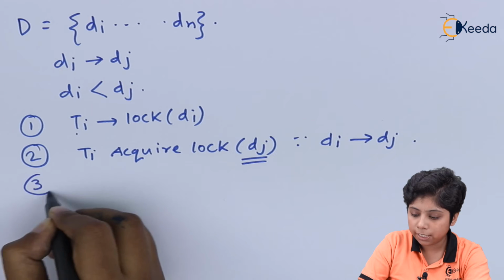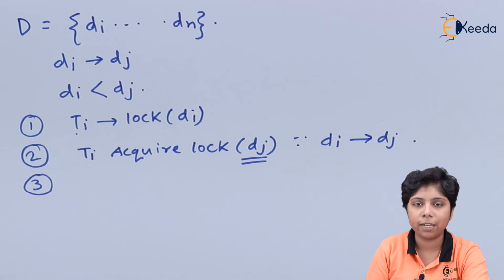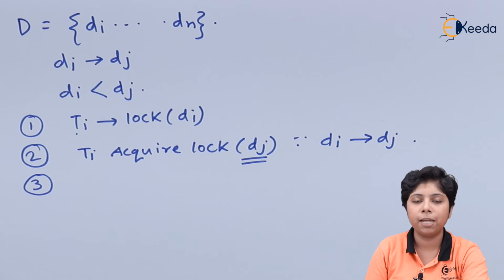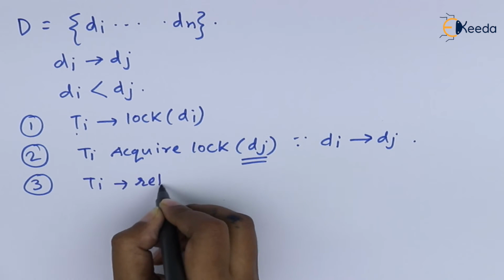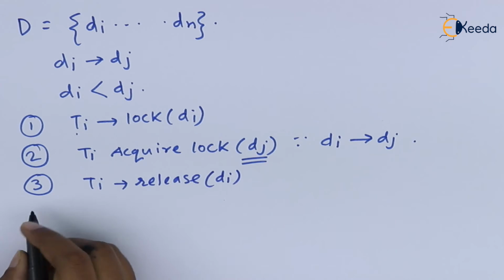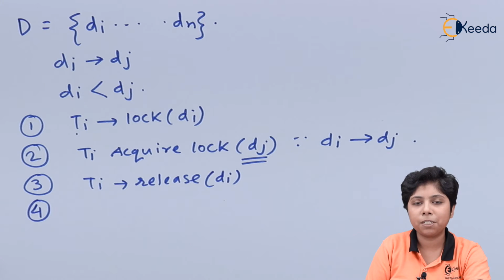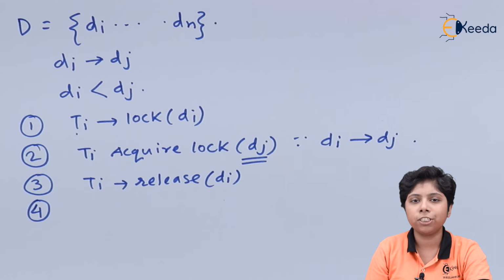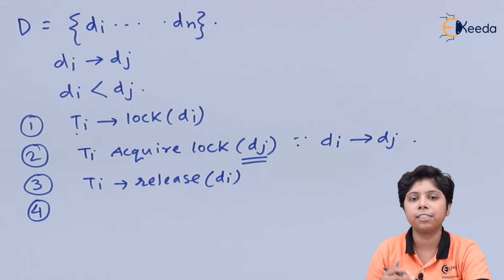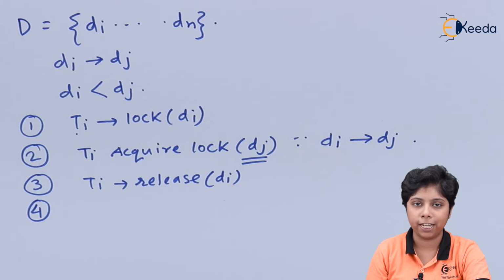Now the third rule is that a transaction can release a data lock at any time, be it the root node, the leaf node, or any non-leaf node. Now, if Ti has locked a data item Di and subsequently released it, then we cannot have this Di locked again by Ti.